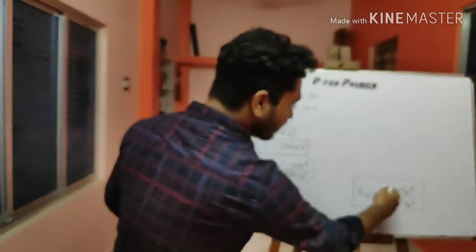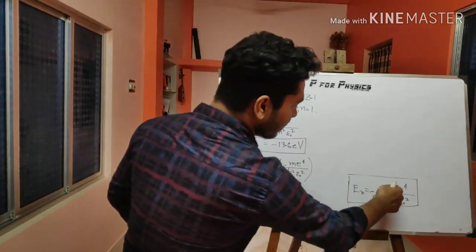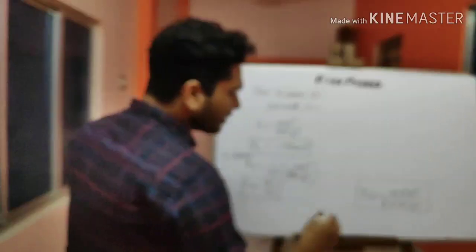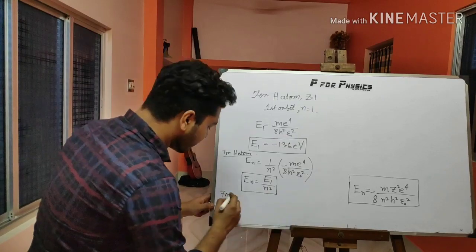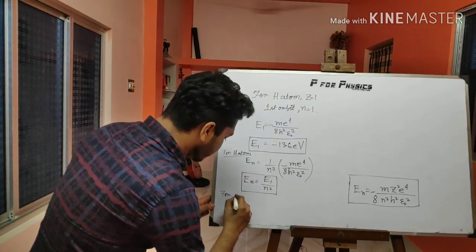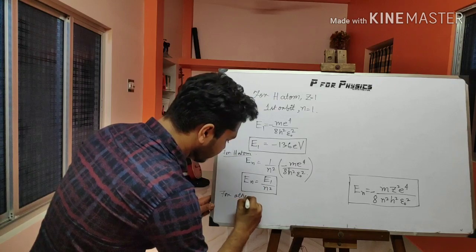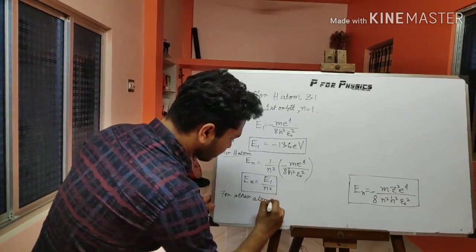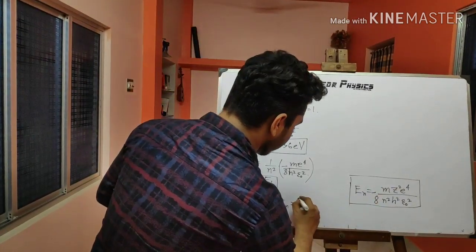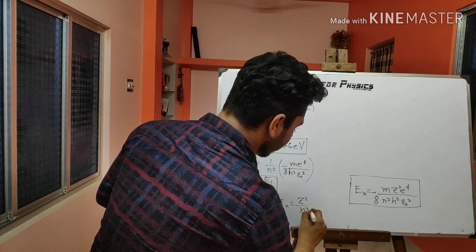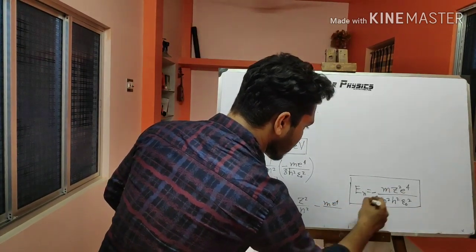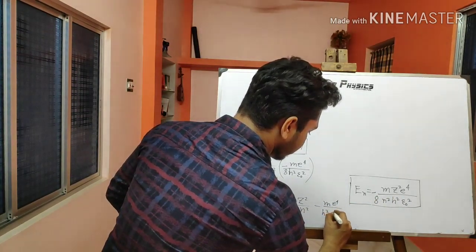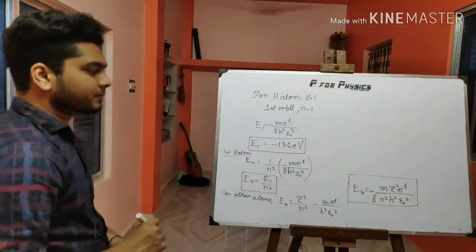Now again, if you need to find the energy for other atoms as well, you need to consider Z. As we can see in this main equation, there is a Z square here. So we leave Z square and n square and the others for other atoms. We have En equals to, there is Z square and down here is n square, and the rest are minus m e to the power 4 over 8 h square epsilon naught square.